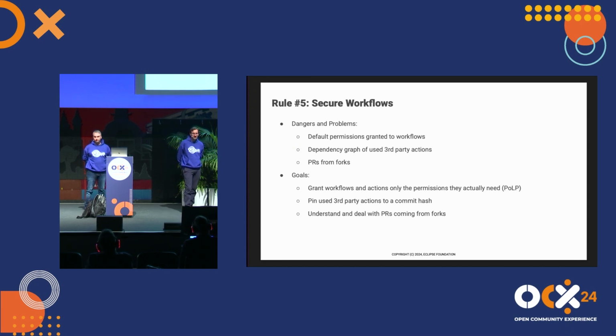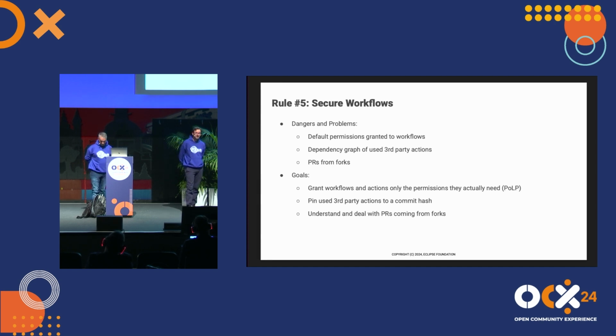First of all, you have to make sure that the default permissions that are granted to your workflows follow the principle of least privilege, as a good security practice. Another thing is that if you're using third-party actions in your workflows, you always have to keep in mind that they also might use other actions that you're probably not fully aware of.